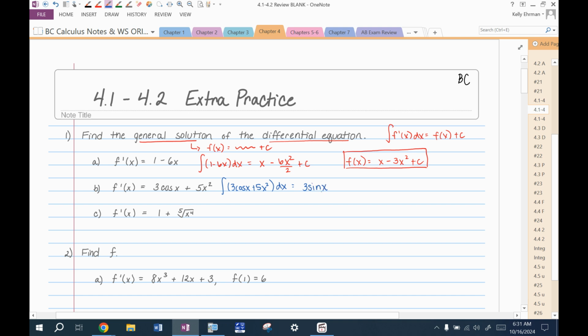You can always double check quickly in your head, just take the derivative of what you just wrote down. Derivative of 3 sine is 3 cosine, so you're good. And then this becomes plus 5x to the third over 3 plus c, and that's equal to f of x.